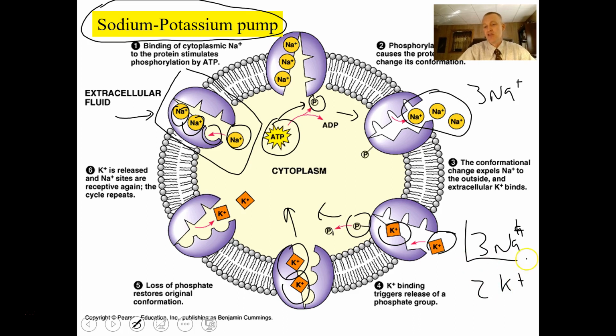And you can do the math. You're losing 3 positive charges when you're only bringing 2 positive charges in. So that's going to, in addition to other things, help to maintain a slightly negative charge on the inside of the cell. Because you're dumping more positive out, the outside of the cell has more positive charge. So this difference between the positive and negative is that membrane potential.